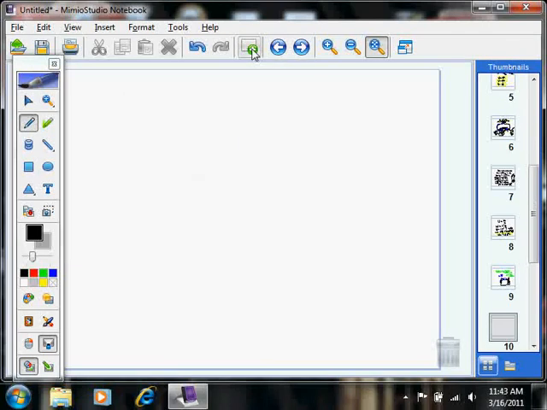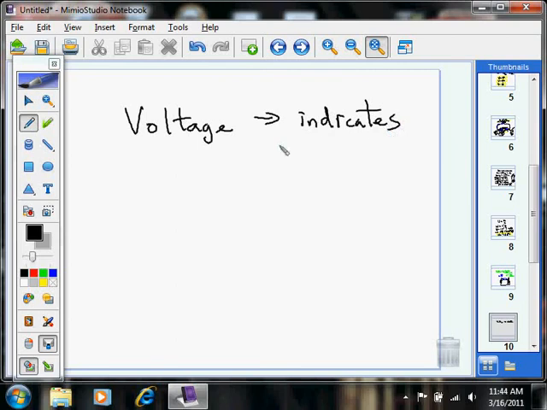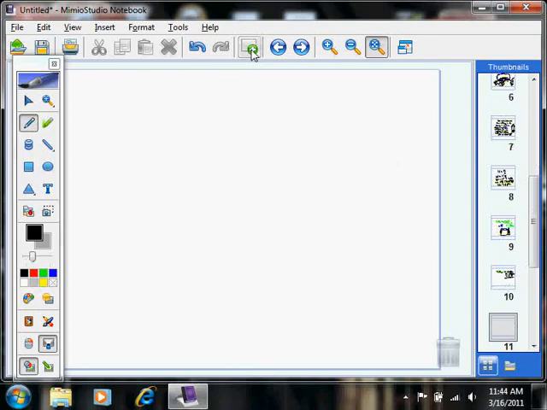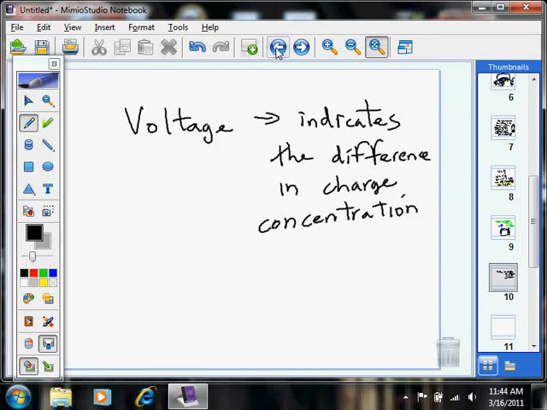So, I sometimes like to think of voltage as an indicator that the greater the difference, the greater the voltage.